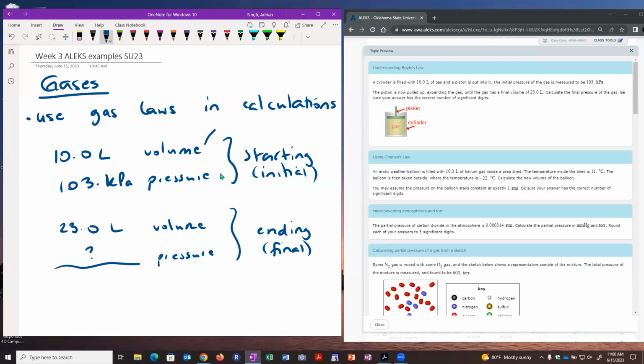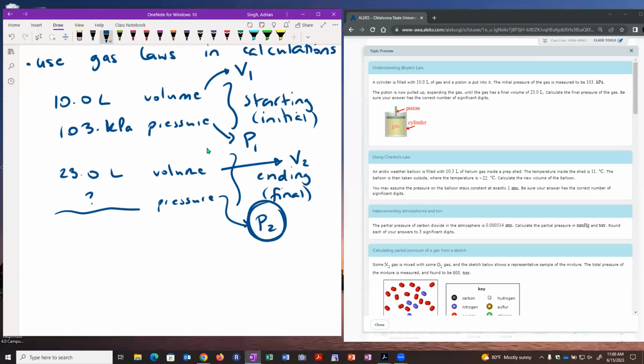So we're looking at the volume and pressure relationship. We are given the initial volume, which we express as V1, the initial pressure is P1, the final volume V2, and then the final pressure is P2, and this is going to be our unknown. So in this case, we're looking at the PV relationship, and that is Boyle's law.